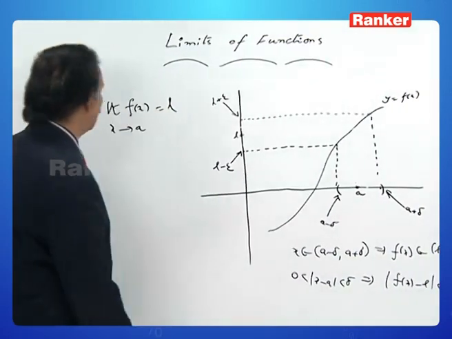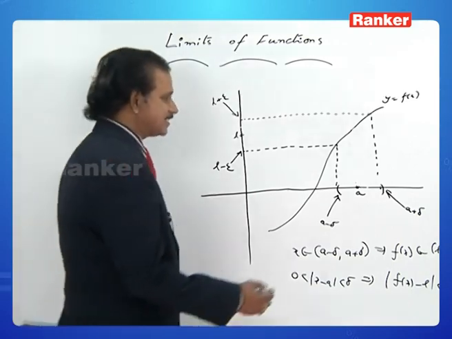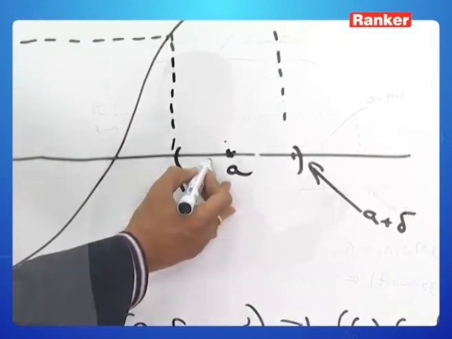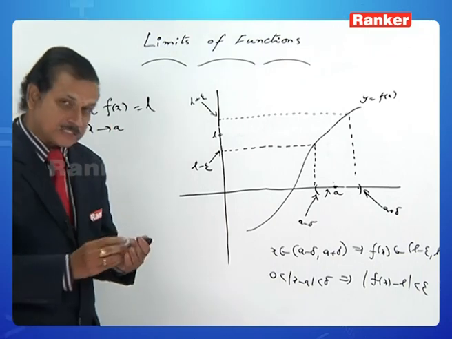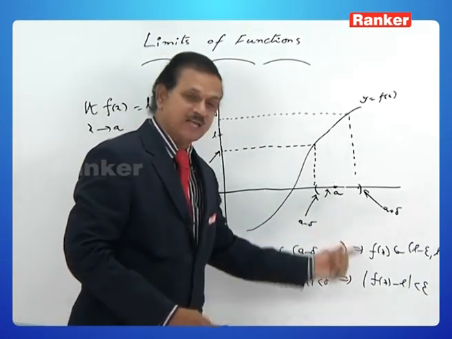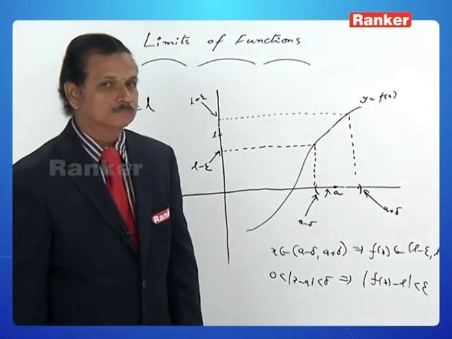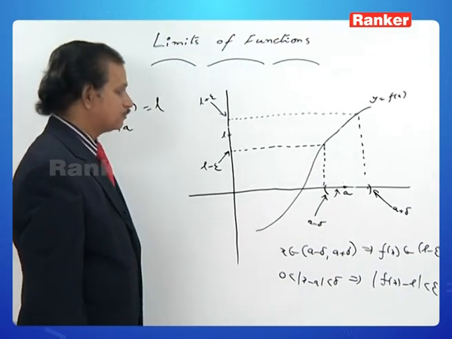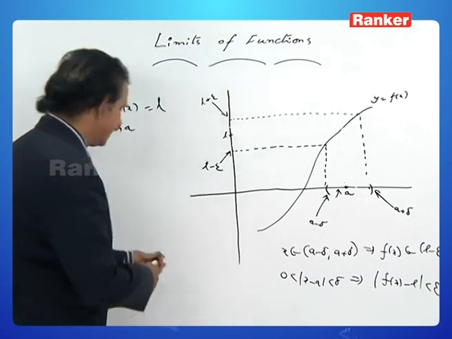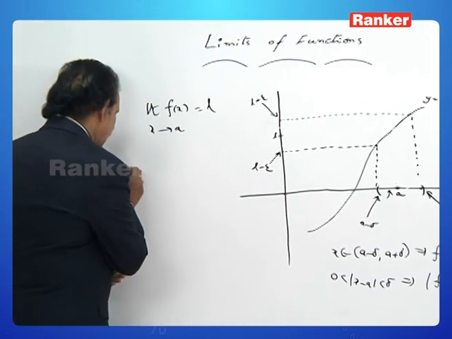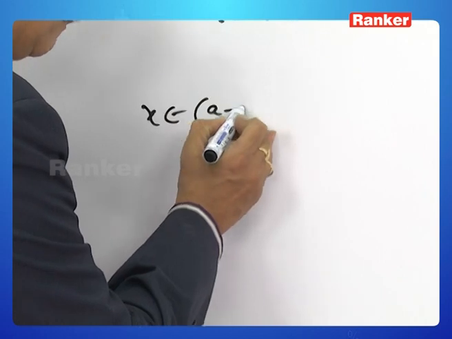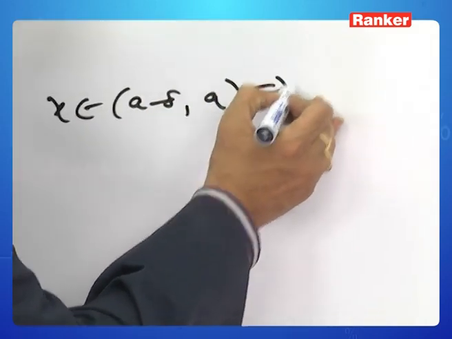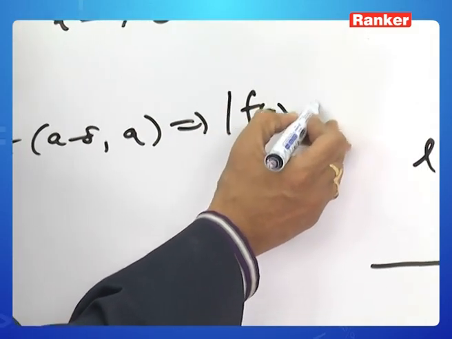Right. Suppose x is restricted to lie here only, that is, a minus delta to a only. Even then, if you are able to observe that mod f of x minus L is less than epsilon, that is, x belongs to the open interval a minus delta to a implies mod f of x minus L less than epsilon.